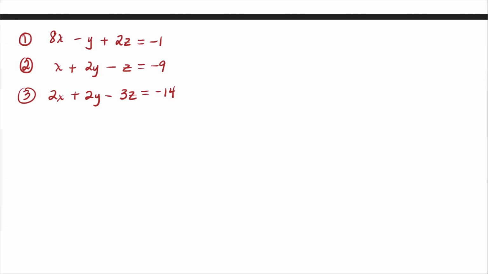If I could multiply the first equation by a +2, then that would end up giving me a -2y. In the second equation, I have a +2y. And then if I choose equation 1 and equation 2, I can eliminate the y. Then if I choose equation 1 and 3, I could do the same thing to eliminate the y.